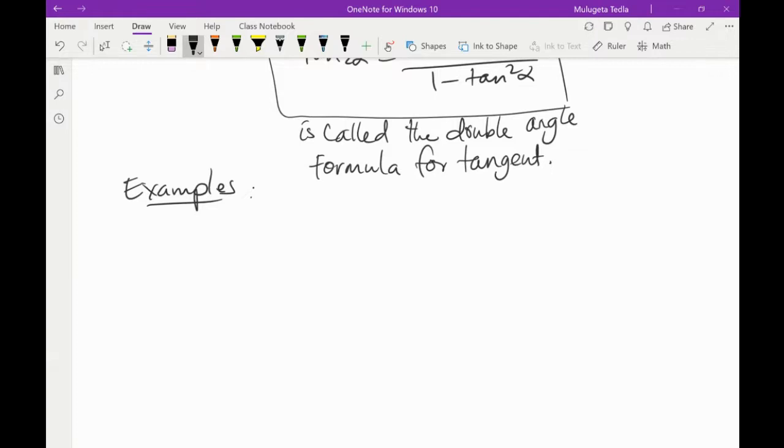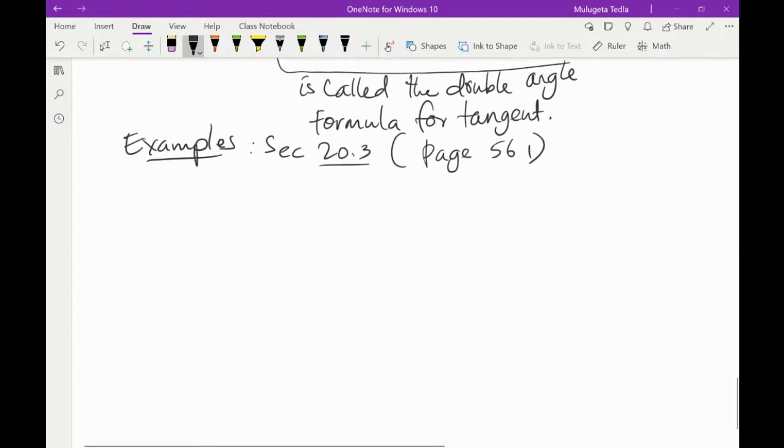I will post the homework altogether in the content week 8 folder. So it is 20.3, double angle formula, page 561 of your textbook. Most of the questions are prove, show, or simplify.